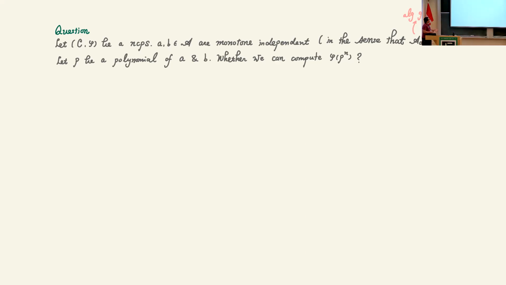Then now let's move on. If we have some monotone independent A and B, and we assume A and B are monotone independent, we consider P a polynomial of A and B. How can we compute the law of P, which means how can we get the moments of P? Here, thanks to the work with Ottavio and Adrian, they have a really nice way of using a matrix approach to solve the cyclic monotone case, and we noticed it's also a good tool for the monotone case.